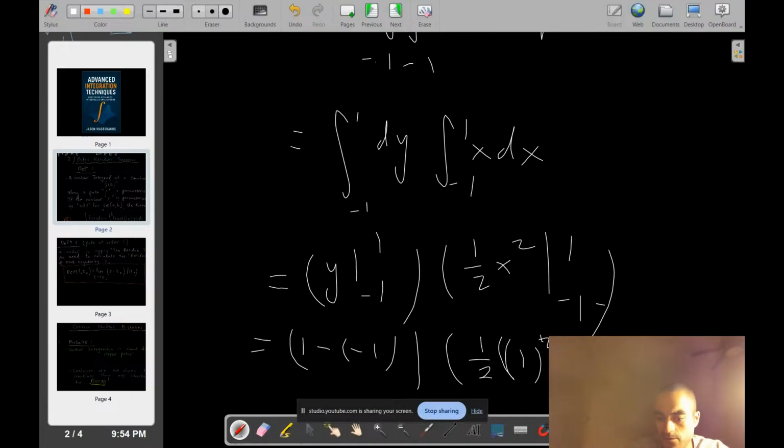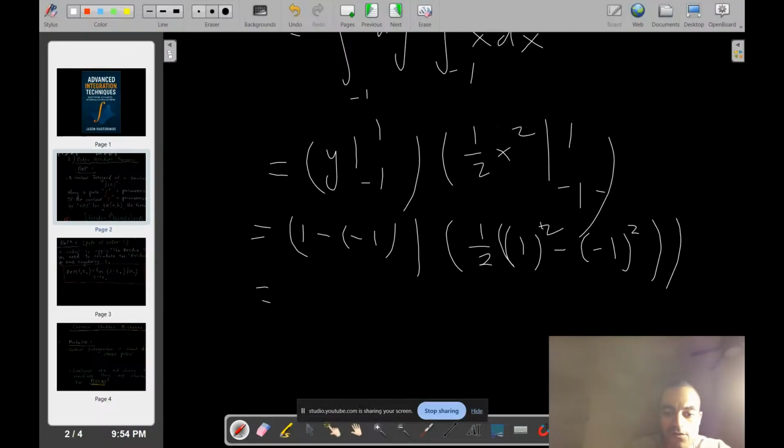We're just using the fundamental theorem of calculus 2. So be careful: 1/2 times 1 squared minus 1 squared. You'll notice this becomes 2 times 1/2 times 1 minus 1.